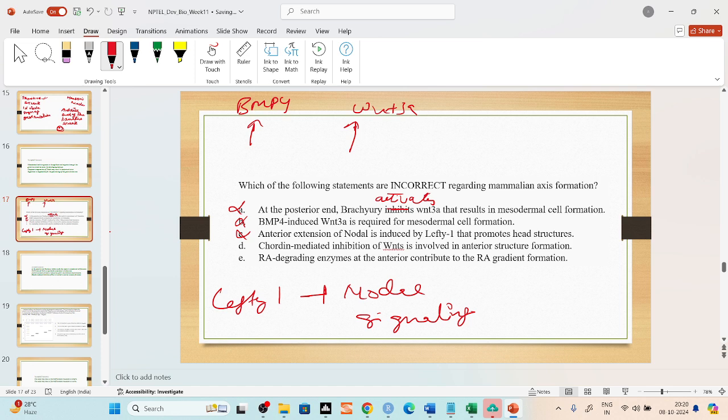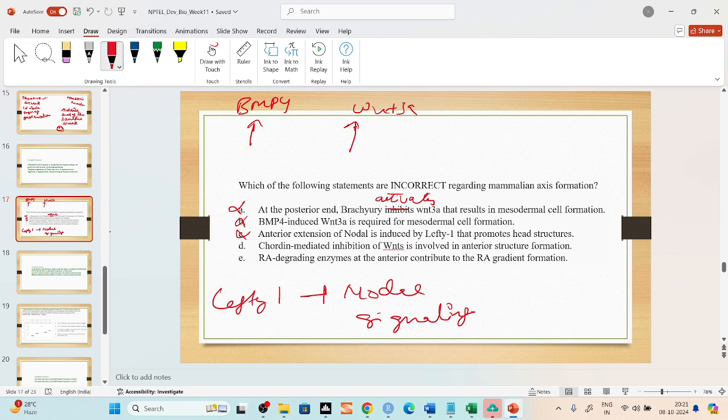Your next statement is: chordin mediated inhibition of Wnts is involved in anterior structure formation. First of all, you should know what chordin is before understanding what chordin mediated inhibition is.